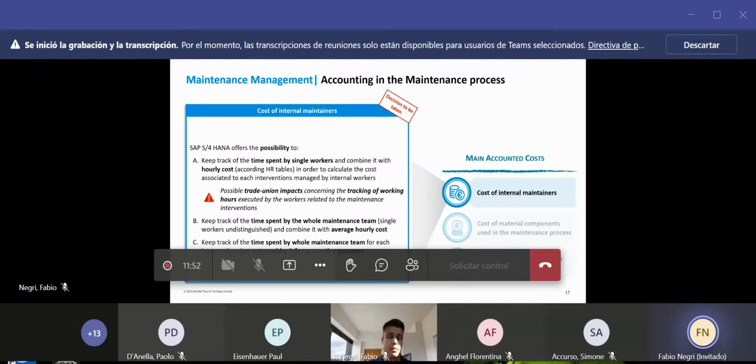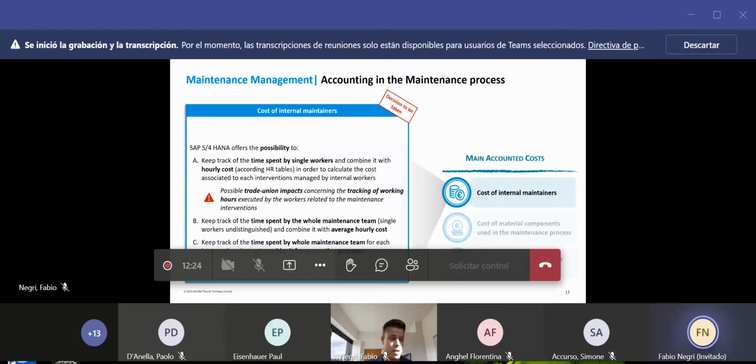This is the experience where there is the need to track the time spent by the single workers on the machine, because the system can show how much a single person has worked. Even if he has 8 hours of work, if we see that he is working only 5 hours on maintenance, this may cause complaints from the trade union association.